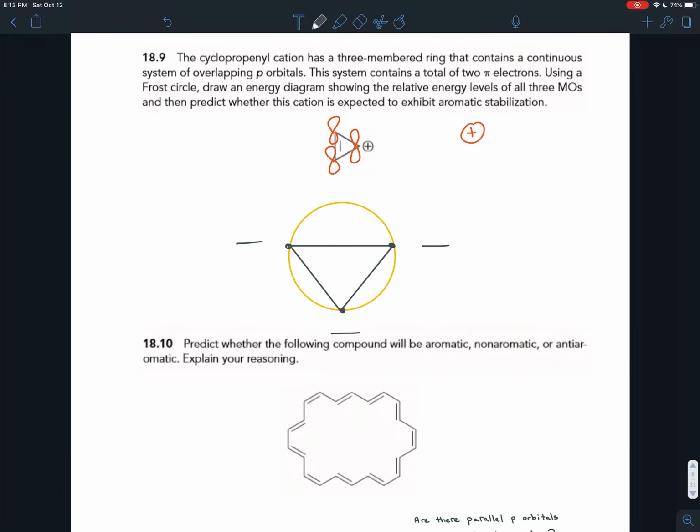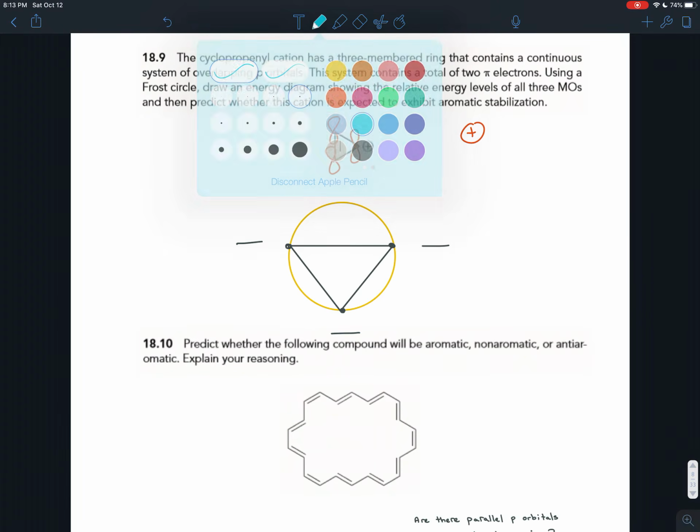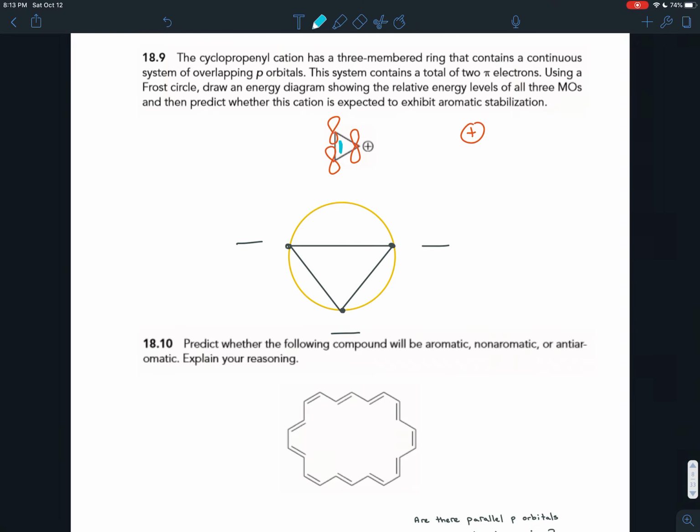It wouldn't make sense for electrons to have a positive charge. So we're going to fill those 2 pi electrons into our orbitals. We have 1, 2. We filled in our lowest molecular orbital. Notice that all of the electrons are paired, and notice they're all in the lowest energy possible orbital. So it's that pairing and stabilization that makes this molecule aromatic.